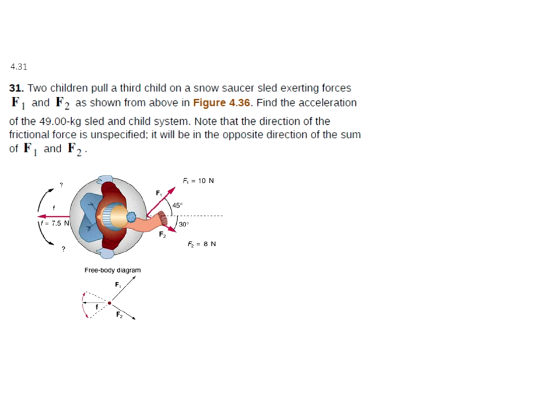So note that the direction of the frictional force is unspecified. So it's unspecified on this drawing, but we can actually infer it from the forces here. So the first thing we want to do, so it says the frictional force is unspecified. That's a bit misleading.